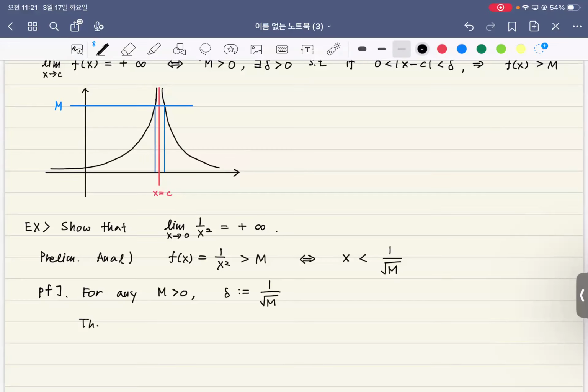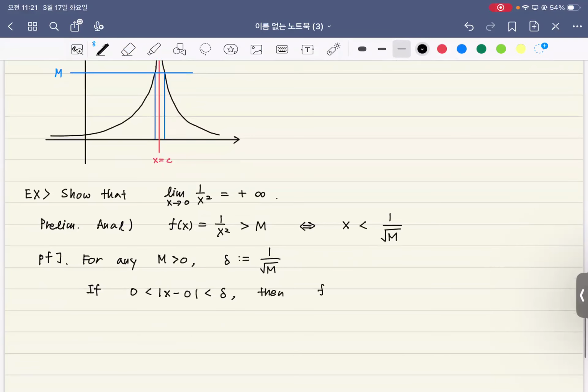Then f of x, which is 1 over x squared. Sorry, I messed up. I forgot to say that if the distance from x to the origin is less than this delta, then f of x, which is 1 over x squared, since x squared is less than delta squared, it should be greater than 1 over delta squared, right?